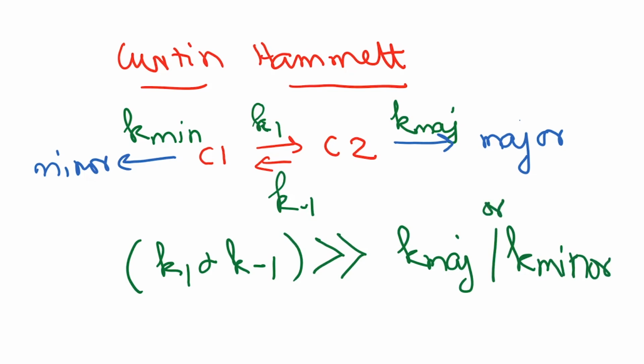Therefore what is important is that the conformation interconverting from here to here is going to be a really fast process, right? And so the product distribution is actually dictated by the value of K major, which is going to be higher; the higher the value, the more of the major product that's going to be formed. Okay, so with this background, now we need to start looking at the formation of the two products when we add lithium aluminum hydride to that carbonyl compound.